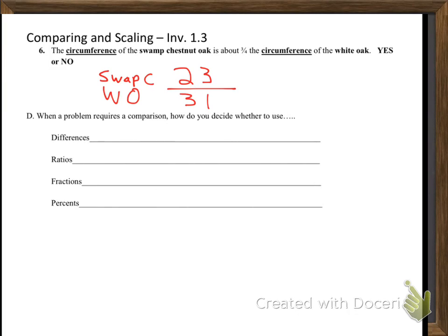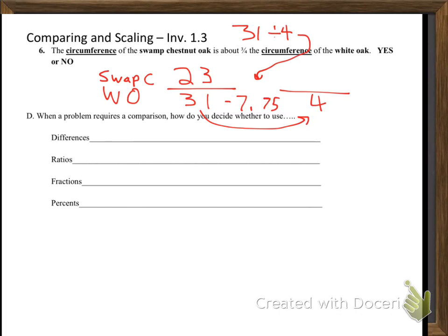We want to know if it's going to be 3/4 the same size. So what I do is I take that fourth. What can I divide 31 by to get 4? Try this for me. Try 31 divided by 4. What do we get? 31 divided by 4, we get 7.75.